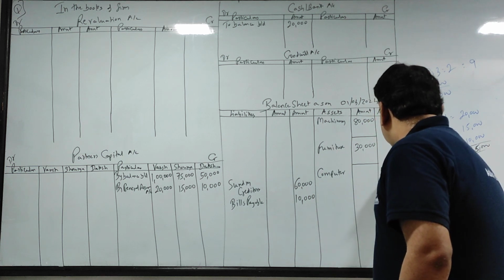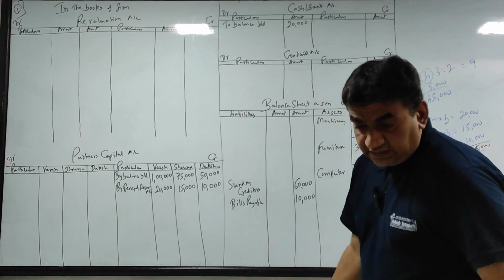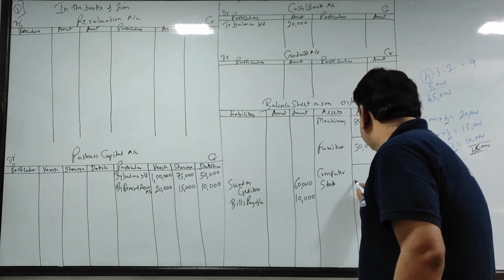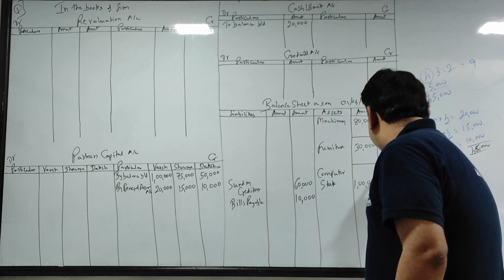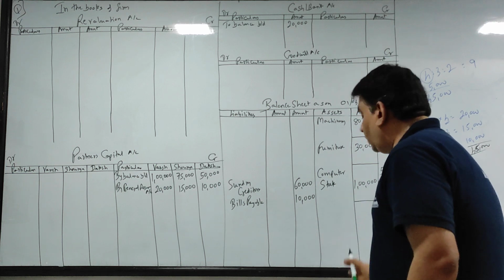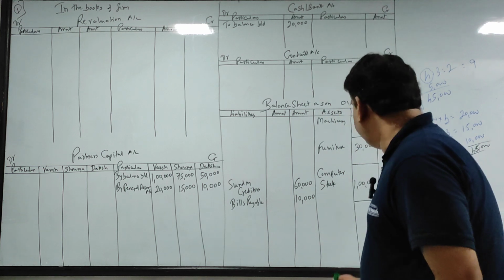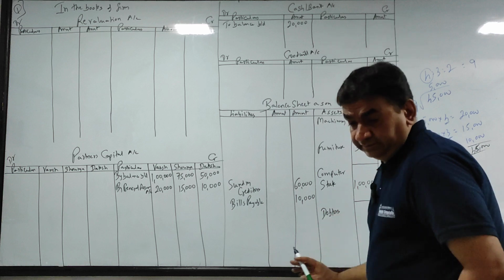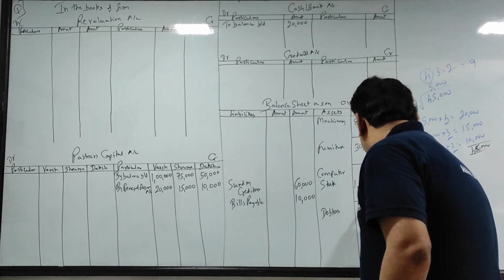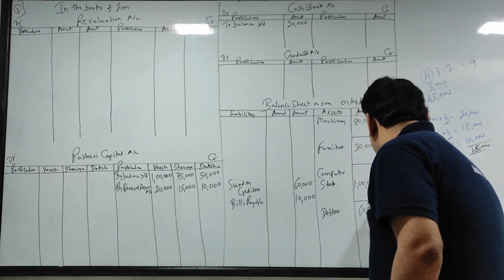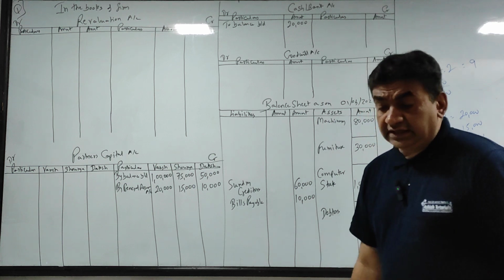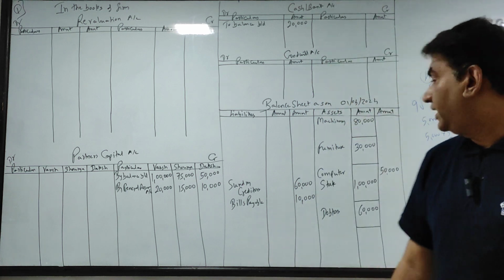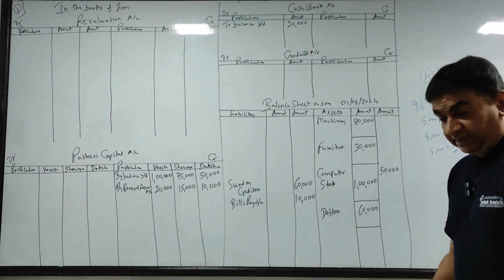So computer straight away outside, 50,000. Stock 1 lakh. Put it in the inner column. Leave a line. And debtors 60,000. Put it in the inner column. Leave a line. Okay. So except computer, in everything else there is an adjustment.